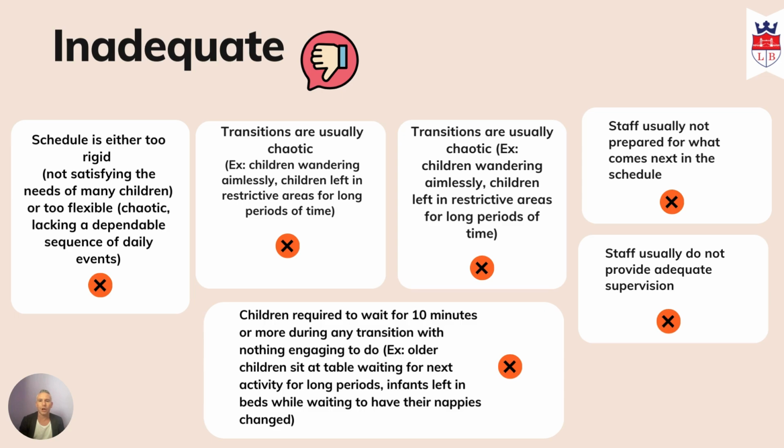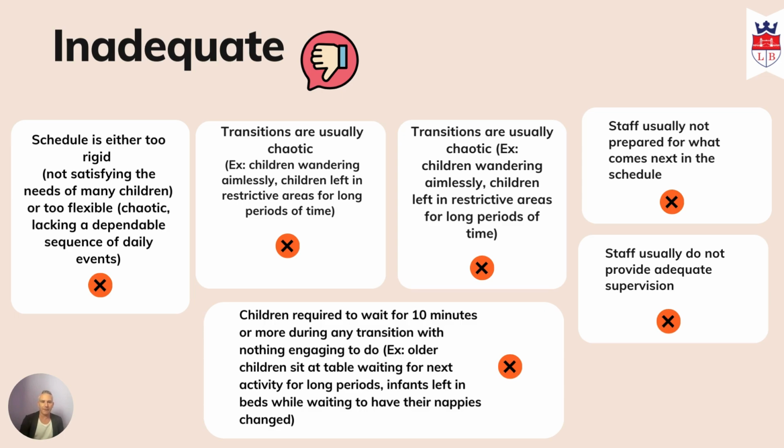Staff are usually not prepared for what is coming next in the schedule. So that means that you stop something and you're not prepared for the next thing, and you're kind of trying to prepare on the hoof. If that describes your practice or what goes on in your early years classroom, that is inadequate. Staff usually do not provide adequate supervision.